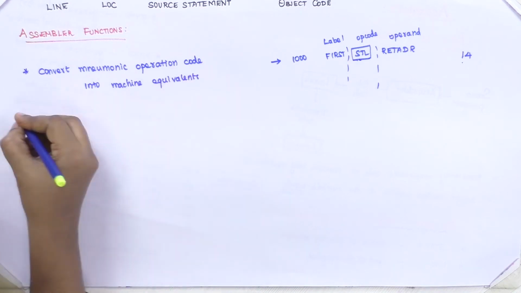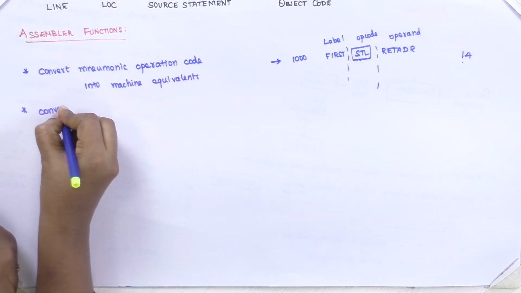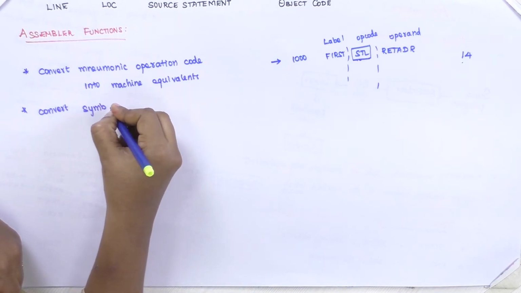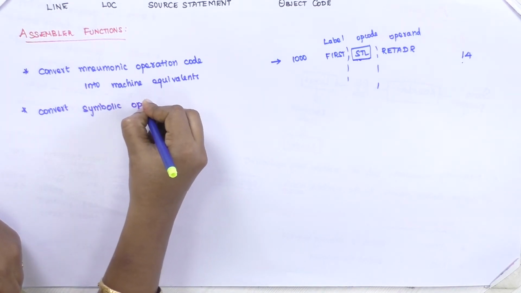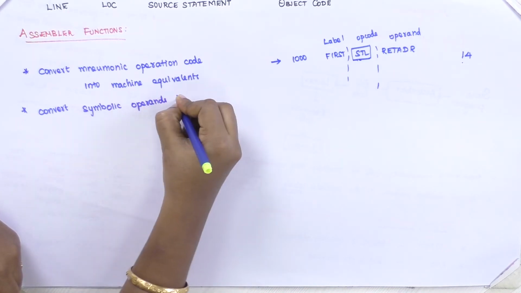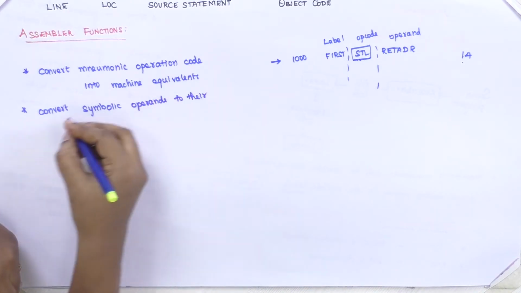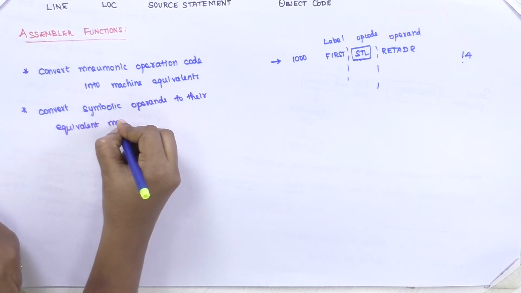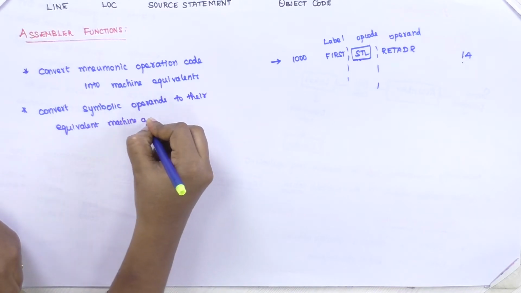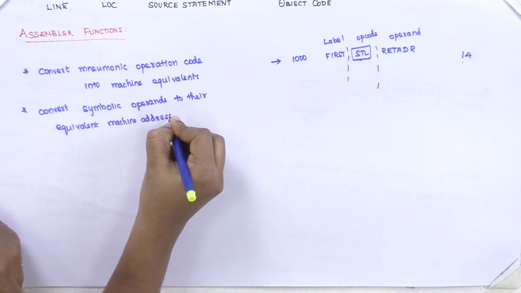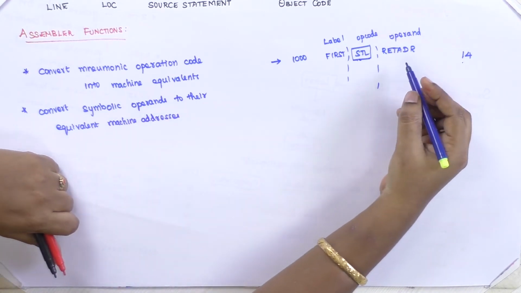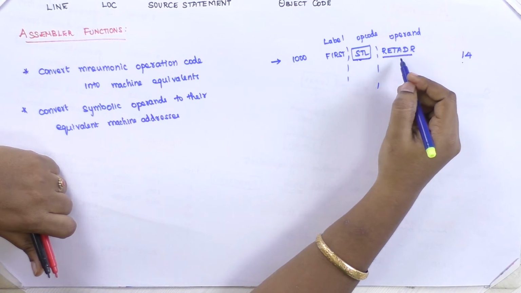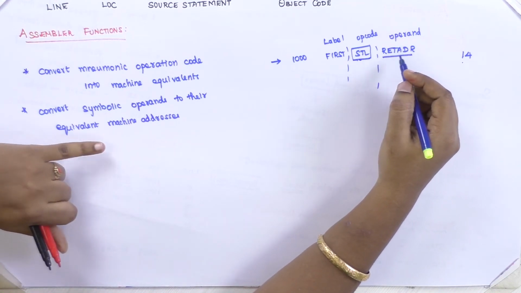Next, it converts symbolic operands to their equivalent machine addresses. This is our operand field. These symbolic operands will be converted to their equivalent machine addresses.